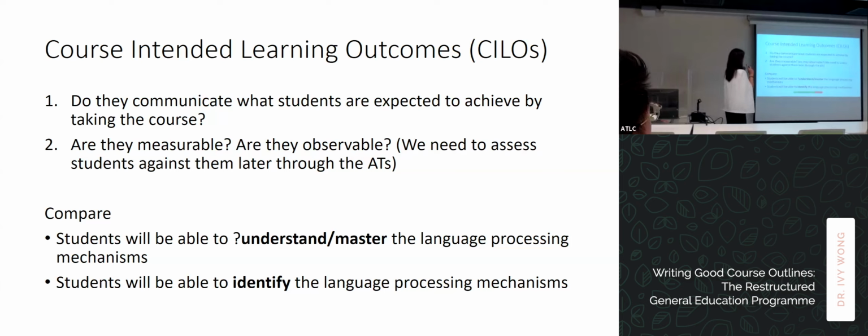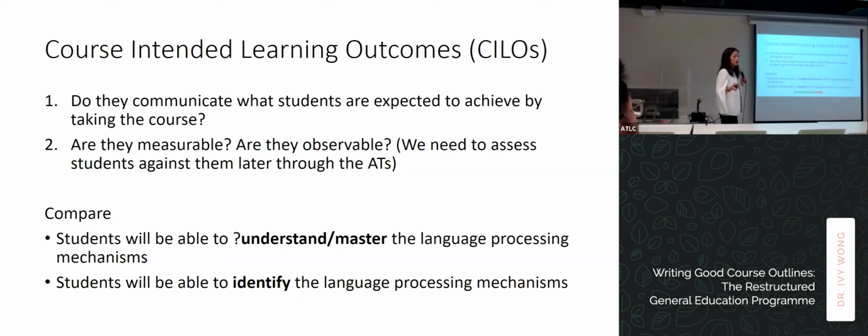So the first question you have to ask is, do they communicate what students are expected to achieve by taking the course? What do you want them to know or be able to achieve by the end? Not only what they want to know, because know is not a good word for SILOs. So what can they achieve? And number 2, I talked to a few colleagues: are they measurable? It has to be measurable and observable.